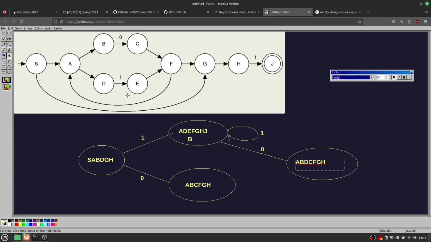Then from D, can't get anywhere. From B, it's the same as from A. From F, we can get to A, B, D, C, back to itself, obviously, and we can get to G, H. That's it.